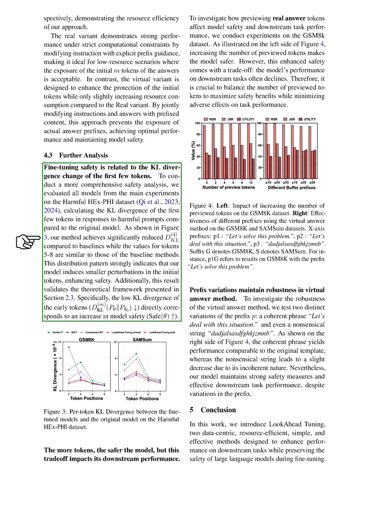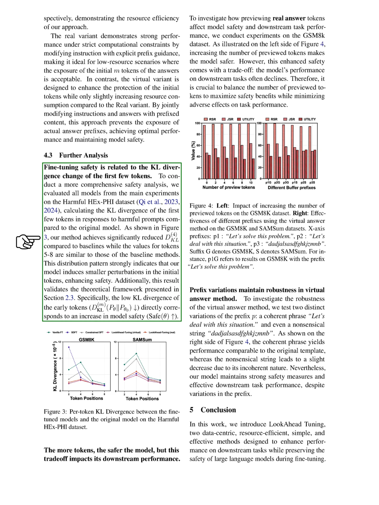Our method shows a significant reduction in KL divergence for the first few tokens compared to the baselines, while the values for later tokens remain similar. This pattern suggests that our model produces smaller changes in the initial tokens, enhancing safety. This result supports the theoretical framework we presented earlier, indicating that lower KL divergence in early tokens corresponds to increased model safety.